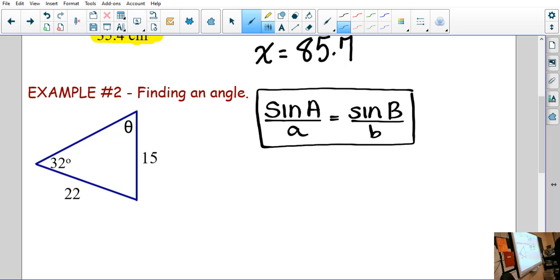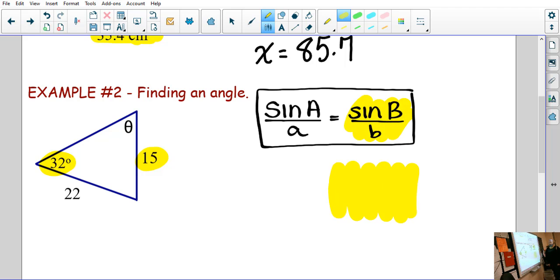When I'm looking for an angle, I put sine of the angle that I'm looking for on top. And when I was looking for a side, I put the side on top. So the nice thing about law of sines, it always goes in pairs. If you have a highlighter, break it out. There's always a pair that you know, so a side and its opposite.